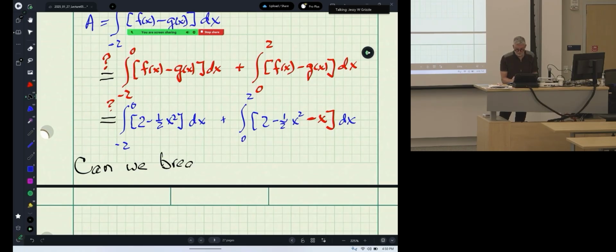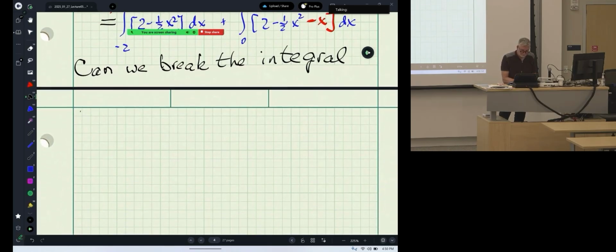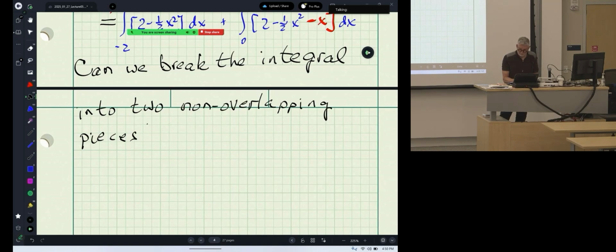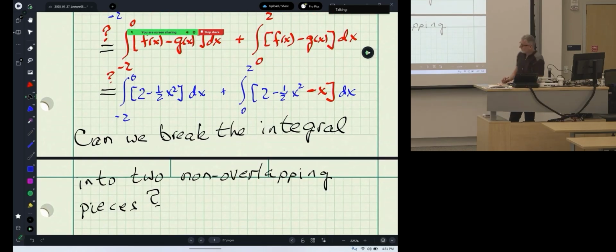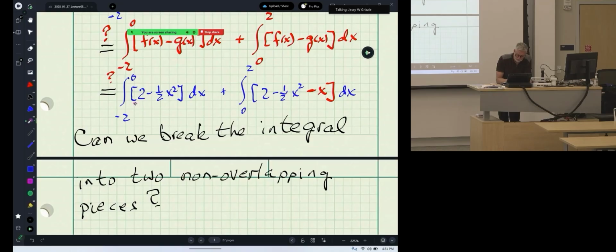Can we break the integral up into two non-overlapping pieces? And then, even if we have that, we need to deal with the fact that our integral table contains monomials and not polynomials.